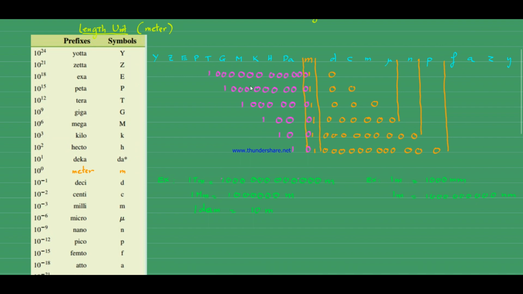So with this table here and this table here, we can find the relation within our metric system. And we're gonna use this table here to convert units within our meter metric system, the length unit.